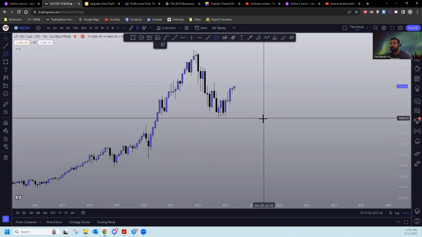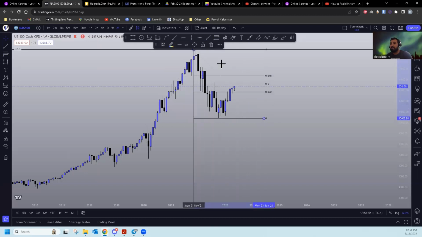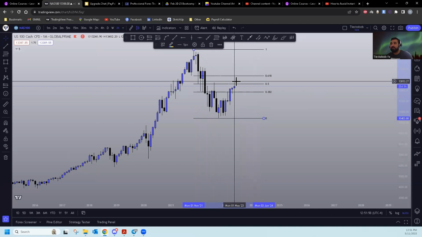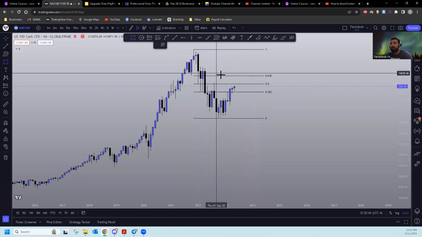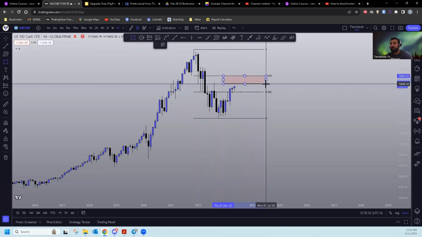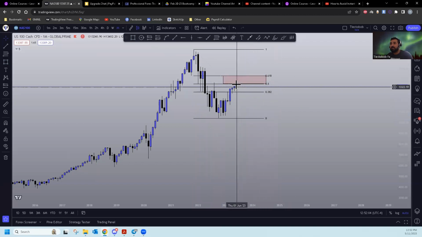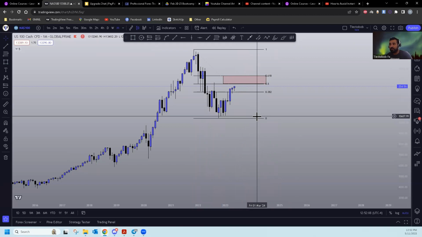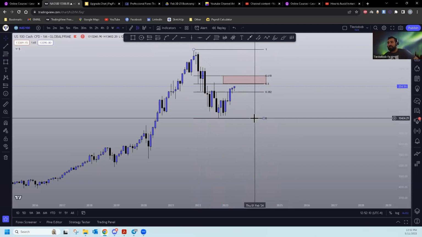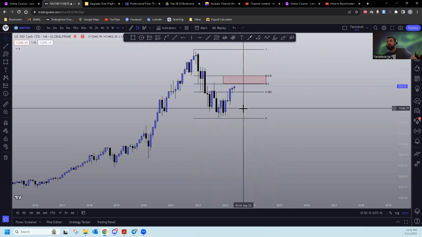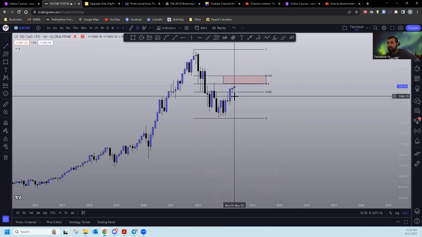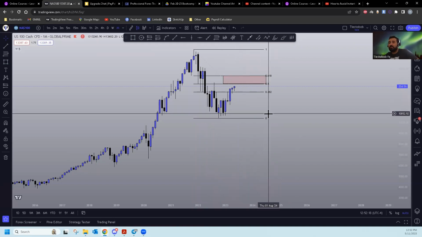Just for argument's sake, it is coming into a point where we could see some sort of a retracement. If this is our golden zone right here, we could see price dip into this area and then make another lower low. We're just going to have to wait and see. But on the largest time frame possible, we see 1, 2, 3 months of nonstop bullish closure on the NAS100.